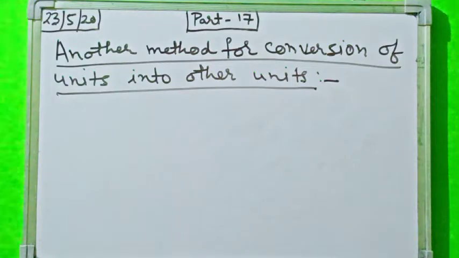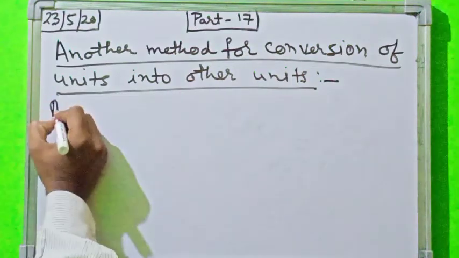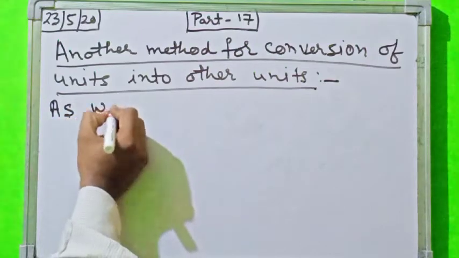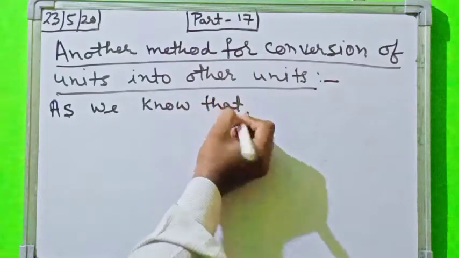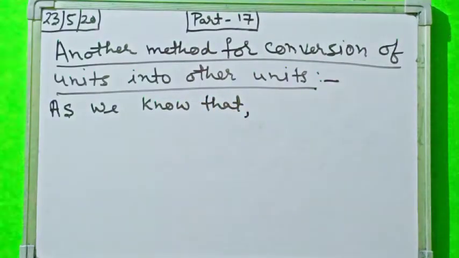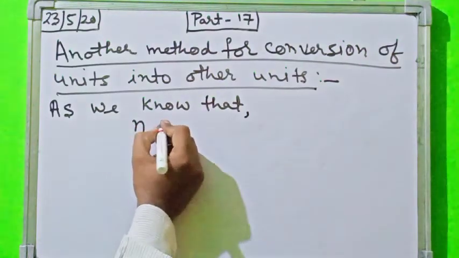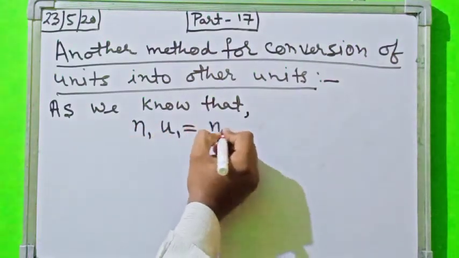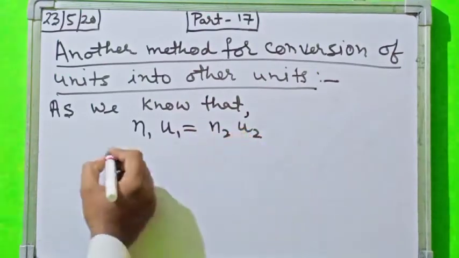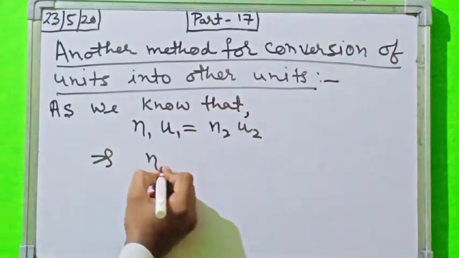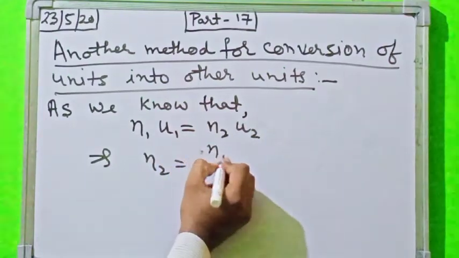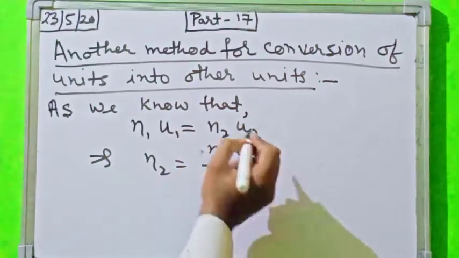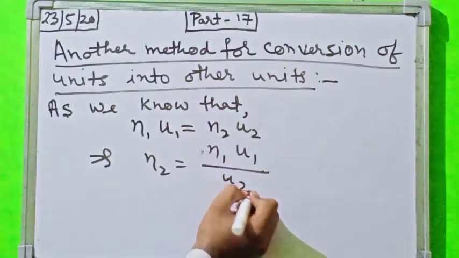As we know that numerical value into unit is equal to constant. So n1 into u1 is equal to n2 into u2, and from here we can write n2 is equal to n1 u1 upon u2.